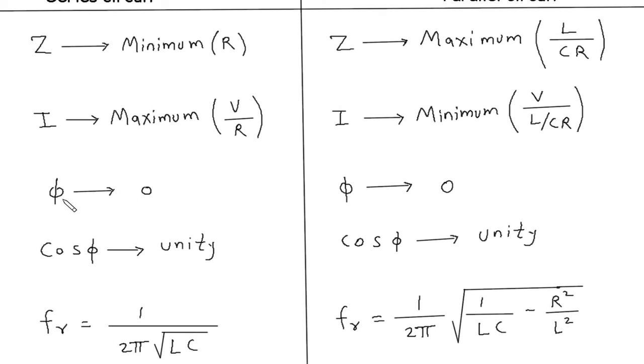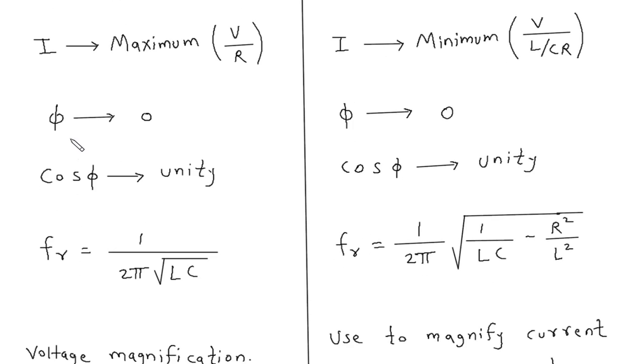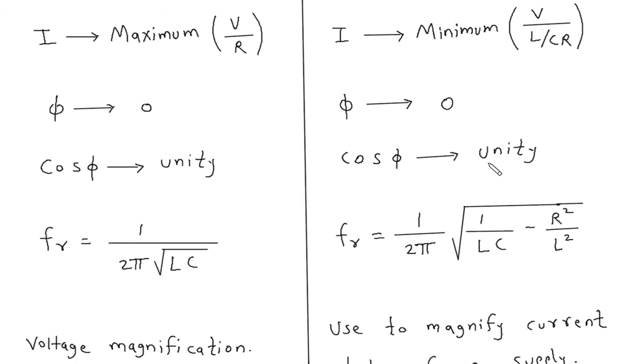For series circuit, phase angle phi is 0. Also for parallel circuit, phase angle phi is 0. Since phase angle phi is 0, cos 0 is equal to 1. Therefore cos phi is unity, or power factor is unity. Same in parallel circuit, cos phi is cos 0, so power factor is unity.